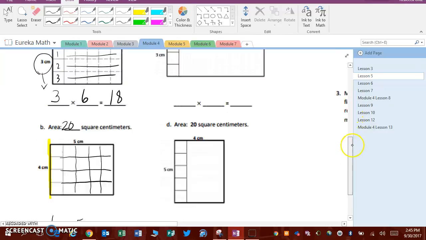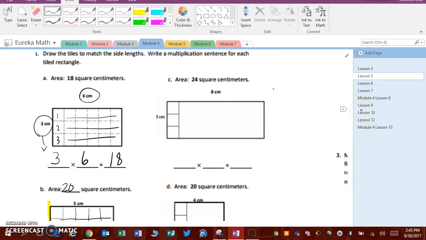Okay, let's go back up to letter C. Same idea. They gave us the centimeters this time. So we could actually fill that in over here, because we know that's what we're trying to find out. Okay, so this shows 3 centimeters as our measurement of this side and 3 squares. So we're going to just finish drawing that line because we know we need 3 full rows. And that's going to be our first factor.